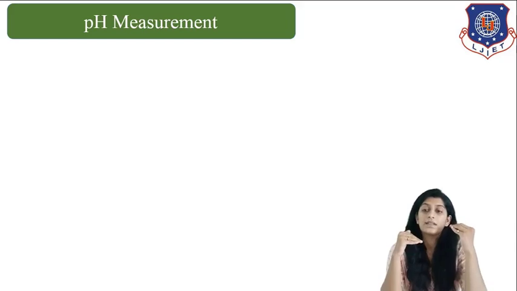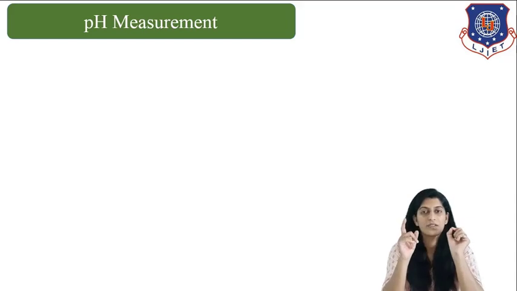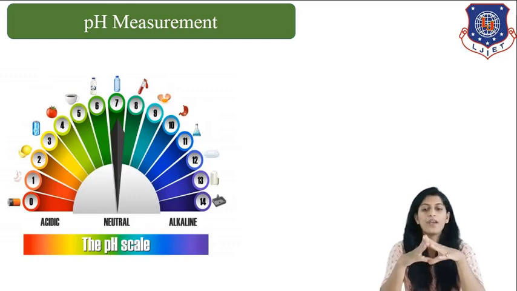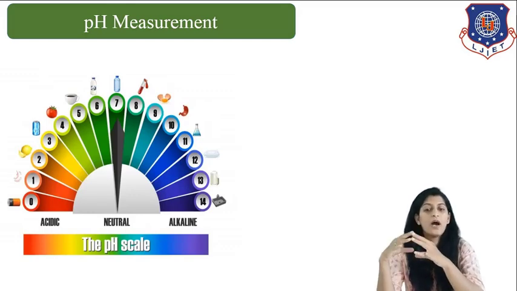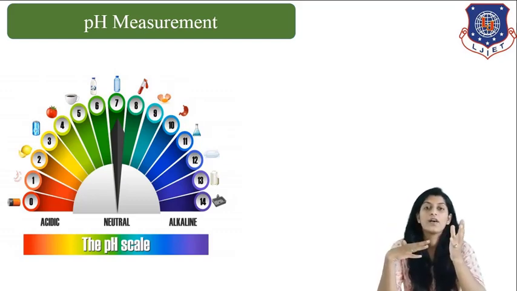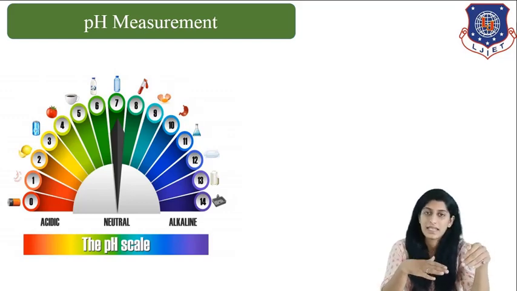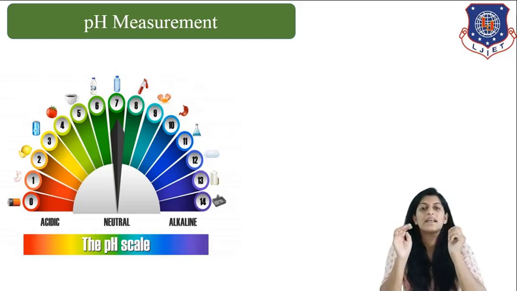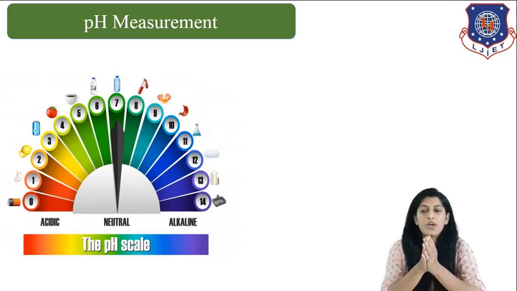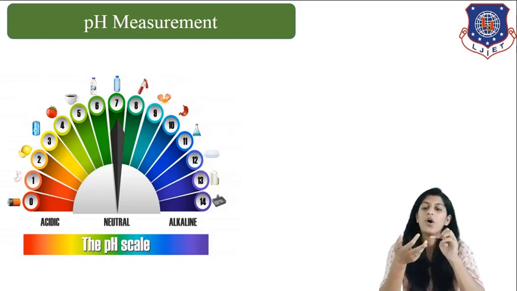When the term pH measurement comes into our mind, the first thing we understand is the pH scale. We are aware of what the pH scale is, what its range is, and what the various sections in this pH scale are, right? We know that there are basically three broad sections in this pH scale, which are classified as acid, neutral or alkaline.